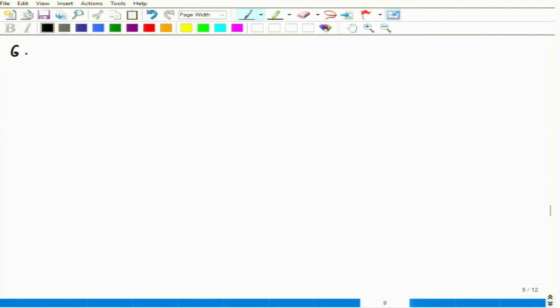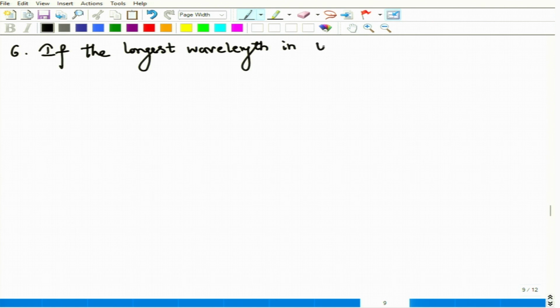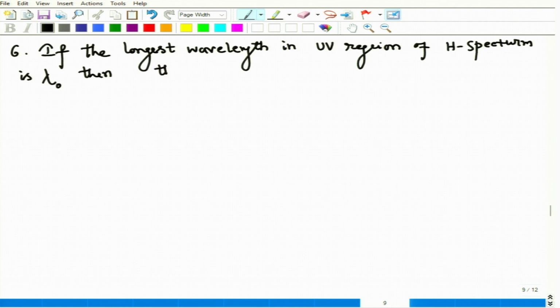Okay, the sixth question: if the longest wavelength in UV region of hydrogen spectrum is lambda naught, then the shortest wavelength in IR region.